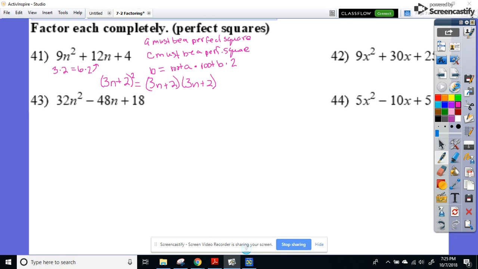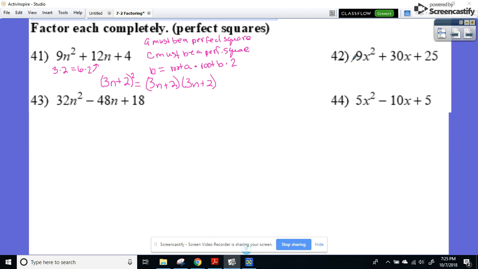Okay, so let me squeeze this up. Root of 9 is 3. Root of 25 is 5. 3 times 5 is 15 times 2. Yep, gives me 30. So these two are the numbers that go in the parentheses. 3 has an X with it. Make this sign match that sign. That's a plus. And the root of 25 gives you the 5. There's the factored form of that.